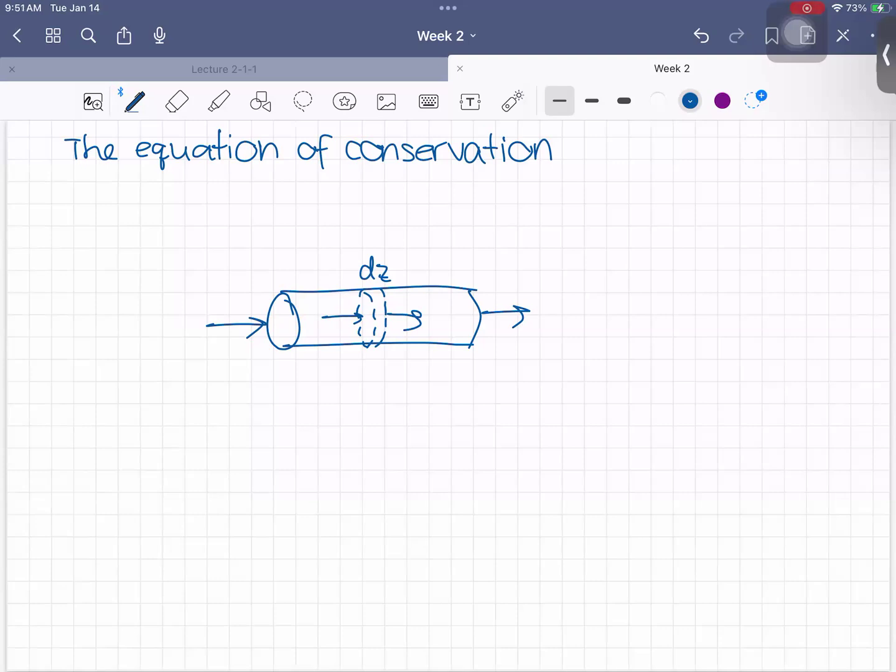But in our graduate course here, we're not going to do the shell balance approach anymore. We're going to do the conservation equation, which is different because it can be applied to all types of transport, including mass, momentum, and energy. We're not going to cut it into small shells like this, but consider it as a whole system.